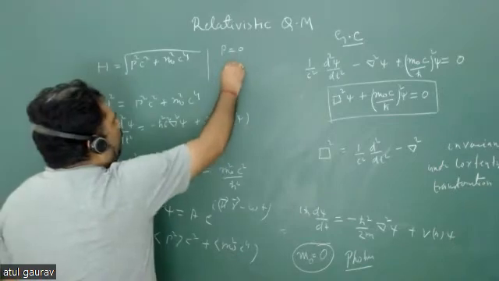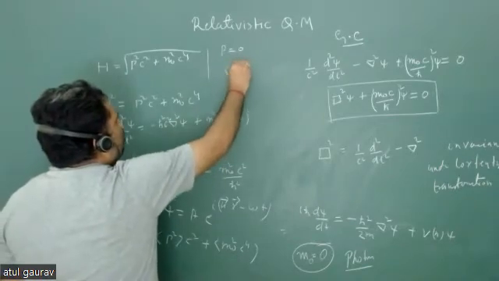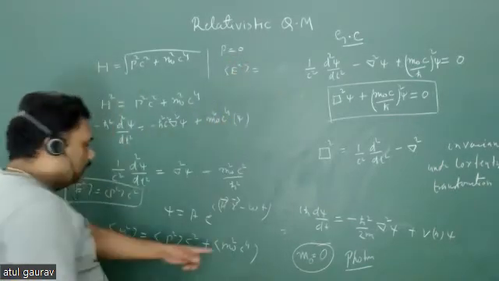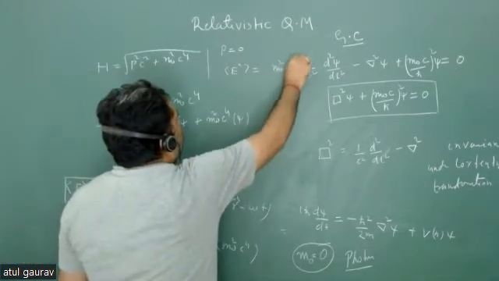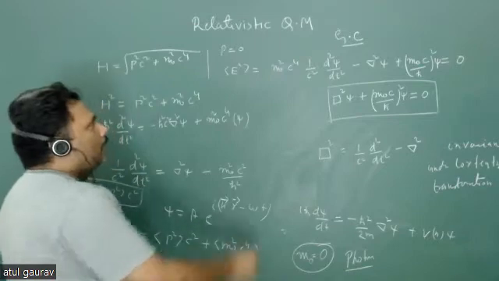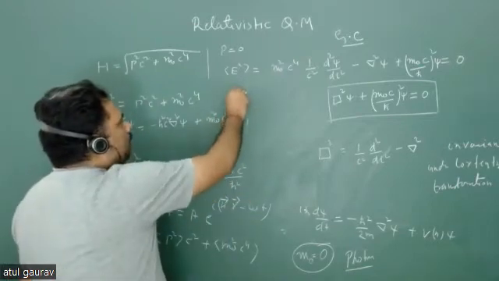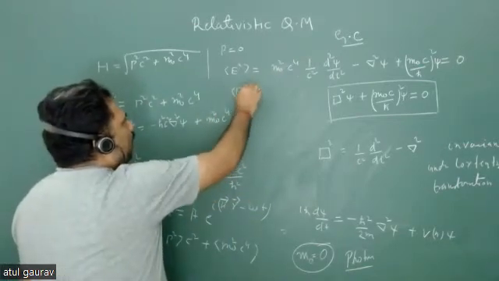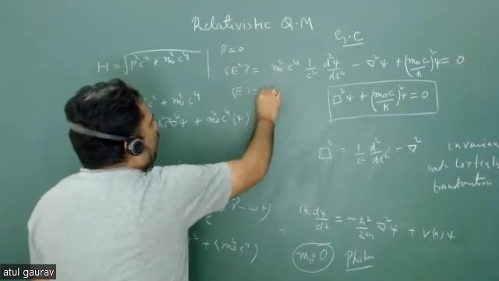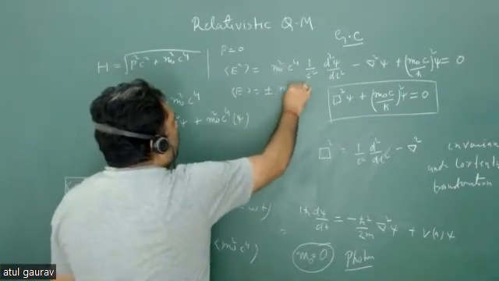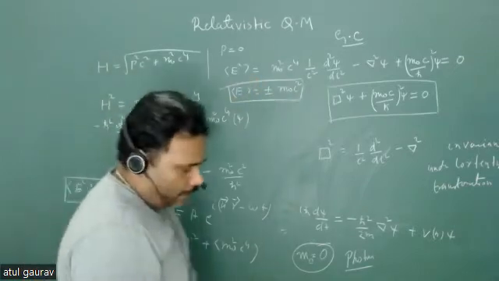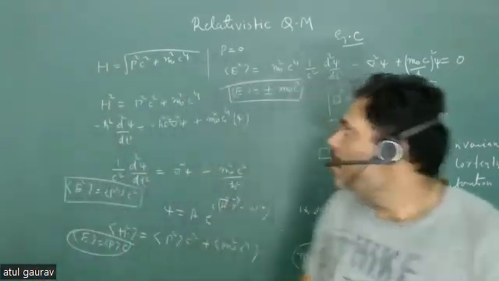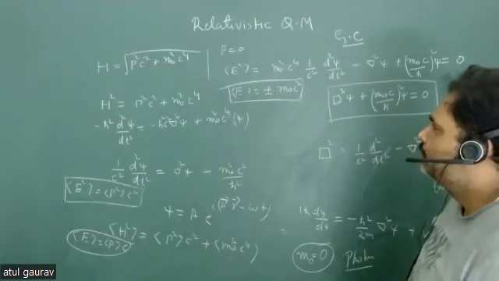Then the average value of E square is equal to nothing but m naught square c to the power 4, and this E has two values, equal to plus minus m naught c square. Are you getting my point? Yes, sir.